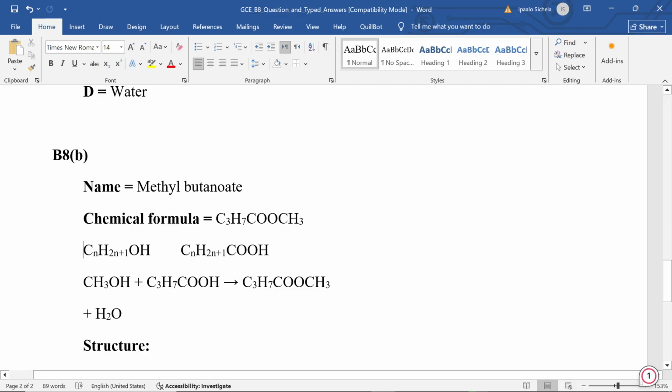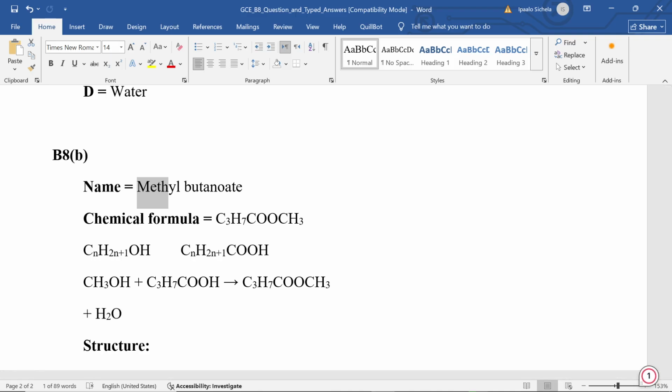Meth means 1 carbon atom, and n stands for the number of carbon atoms. So we're going to put 1 in place of n.